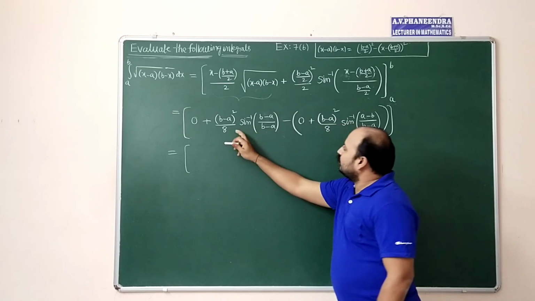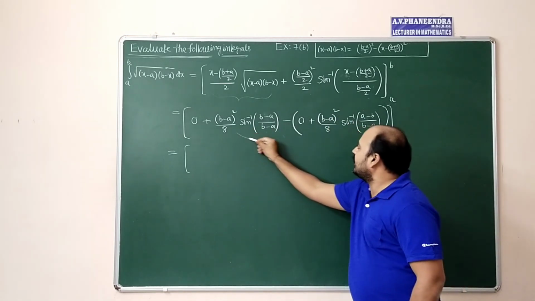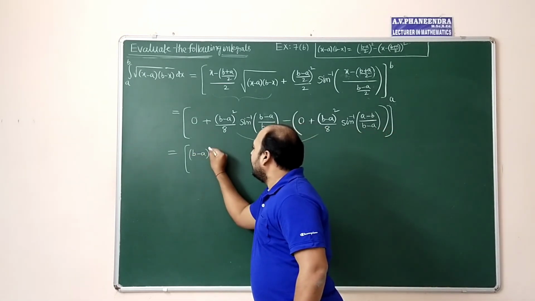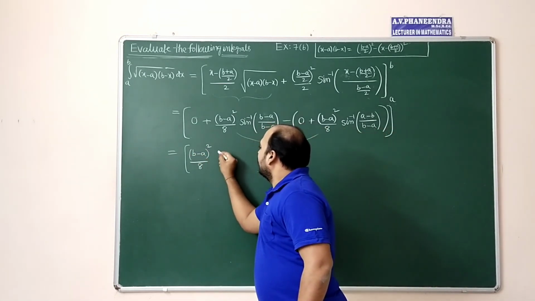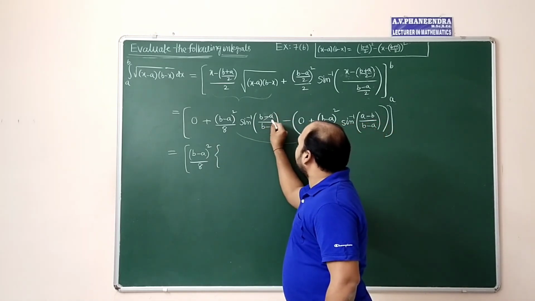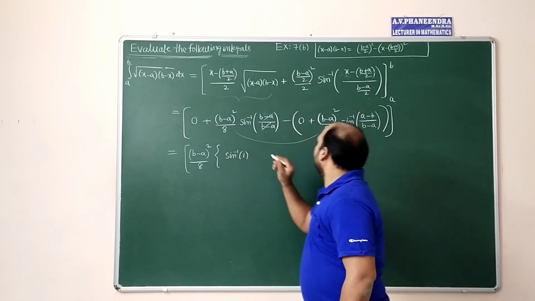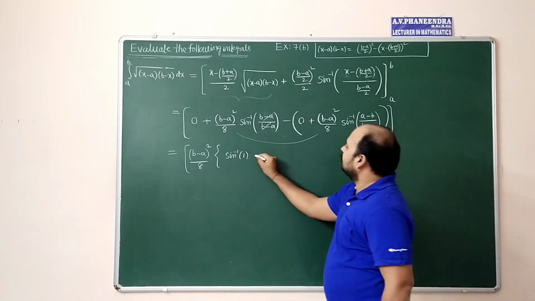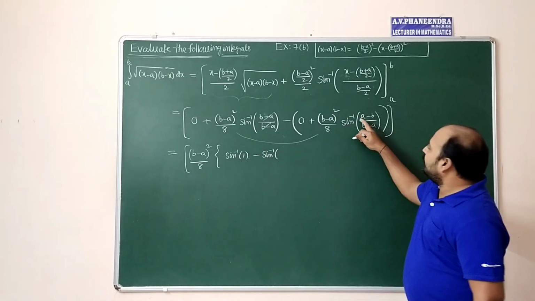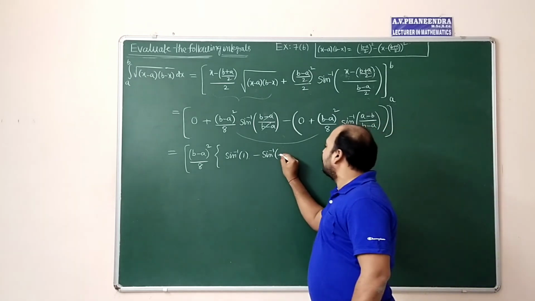From these two, we can take common (b minus a) whole square by 8. Sine inverse of, here b minus a get cancelled, sine inverse 1, minus sine inverse of, here minus, if you take common, minus of b minus a get cancelled, sine inverse of minus 1.